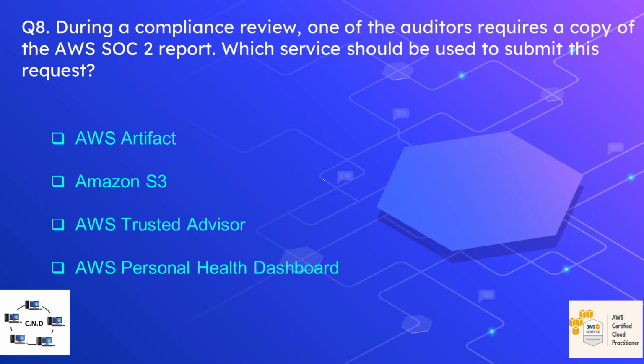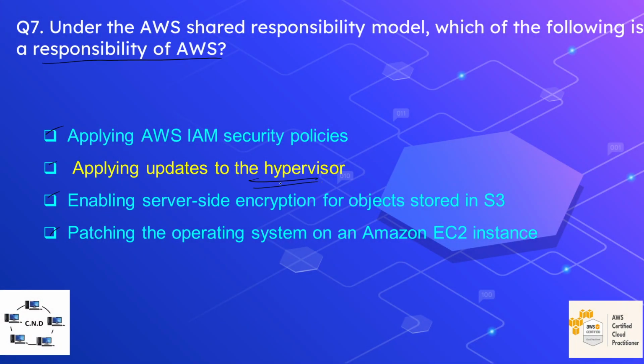So the hypervisor is basically the underlying virtualization software that is installed on the bare metal server. Let's suppose this is our bare metal server, and the hypervisor is installed upon this.